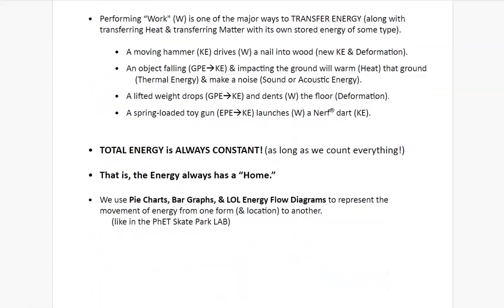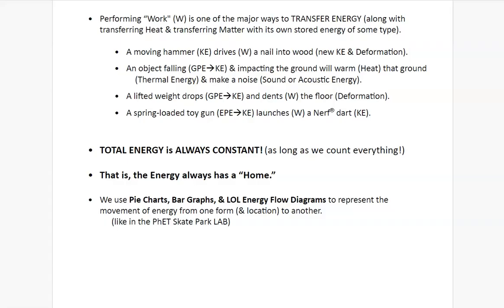So here are a few examples where energy is being converted from one form to another as some action takes place. And the first one in this list is a moving hammer drives a nail into wood. Well, what's happening in the beginning? In the beginning, the hammer is moving.